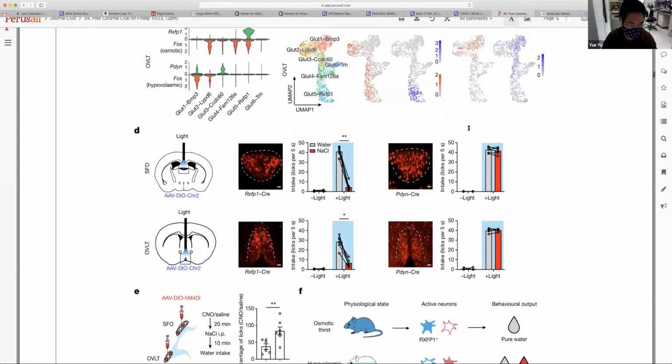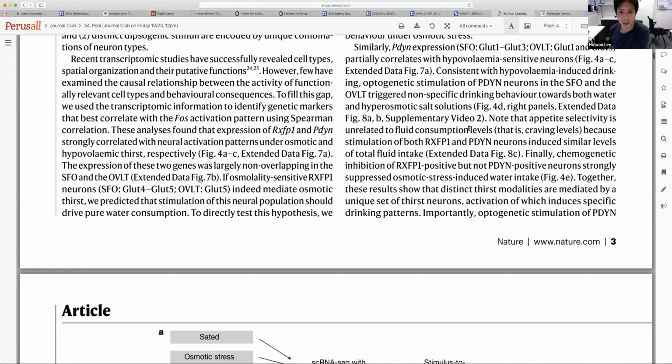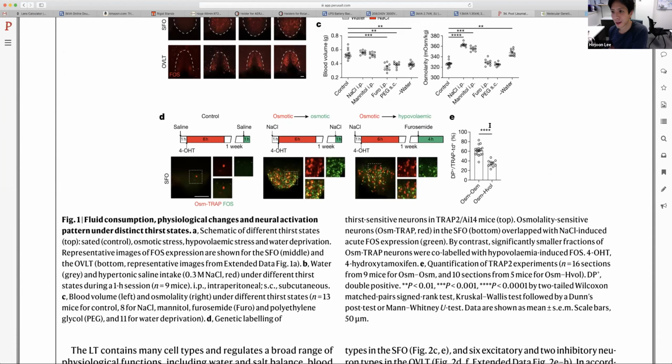So I think if we look at figure 1 here, right? Let's say you came up to me and said, look, there are 2 different populations of neurons, one for osmotic, the other for hypovolemic. And I want to characterize these. I want to find markers for these, right?